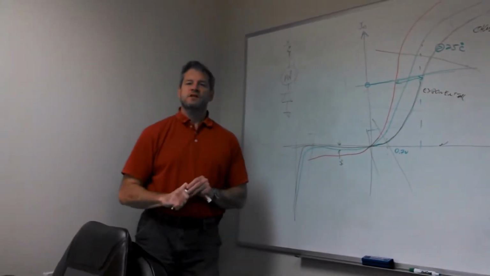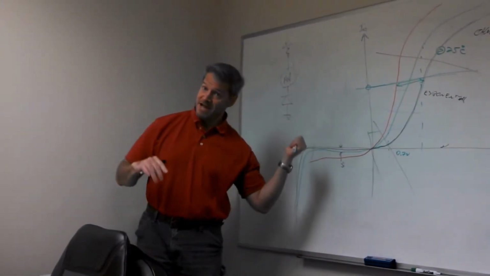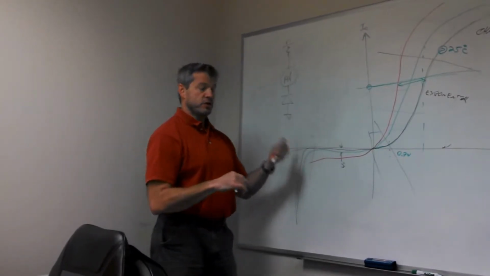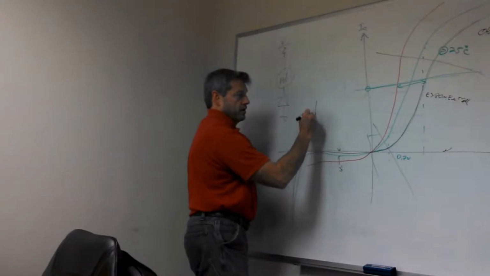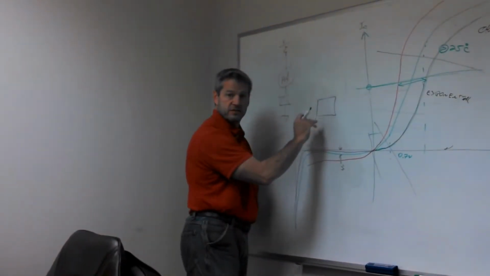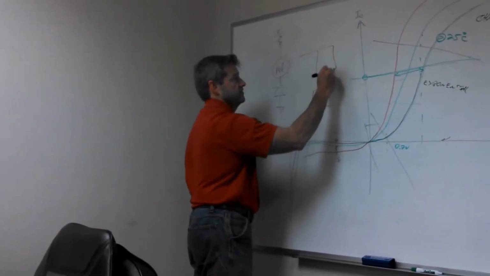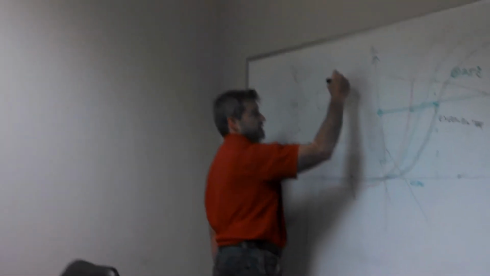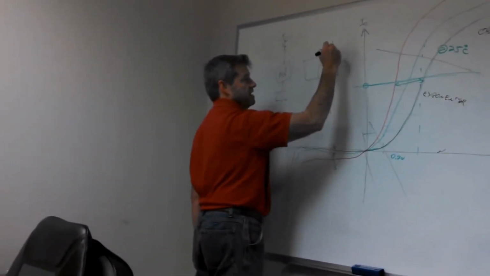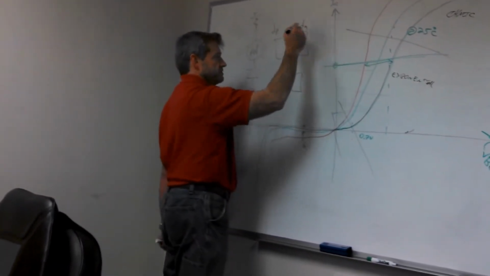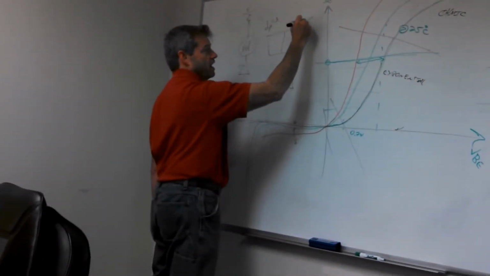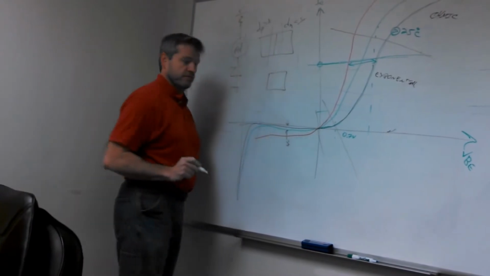Were I the company making it, I would know a priori that my cross-sectional area was this, and that on either side of the diode junction my diffusion of N and my diffusion of P was X and Y, and I would know my diffusion barriers.